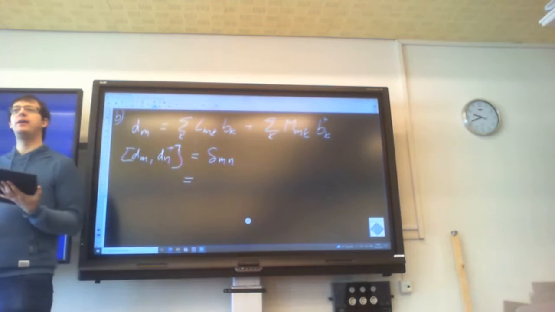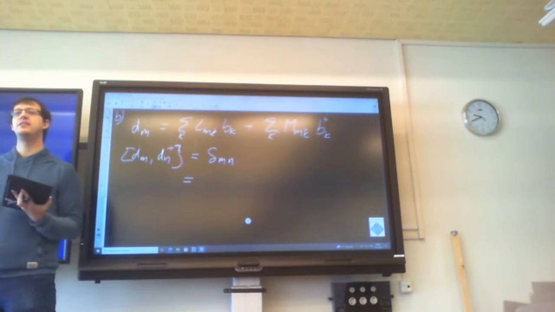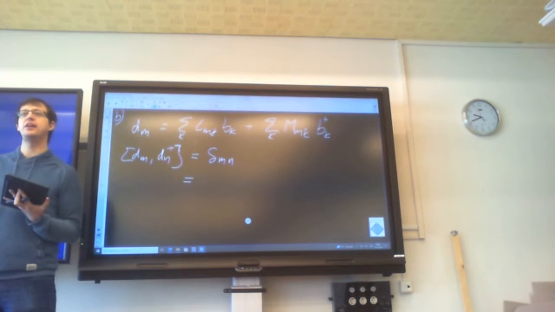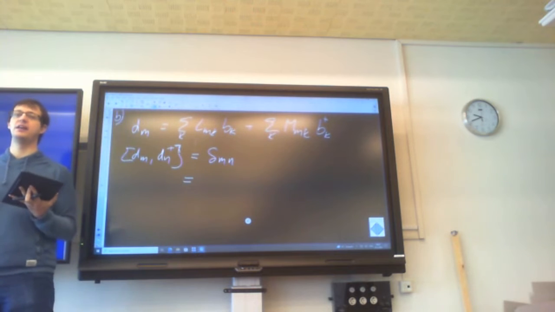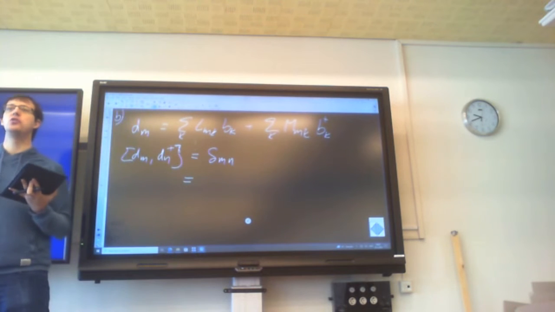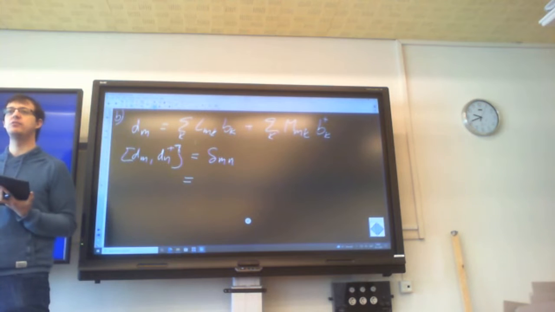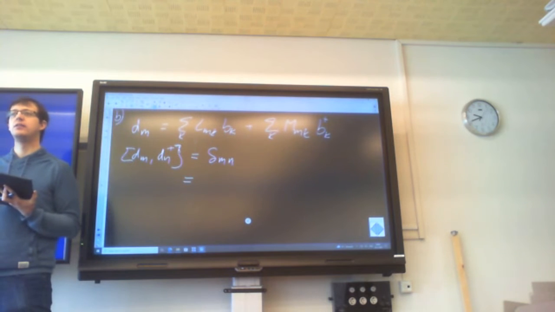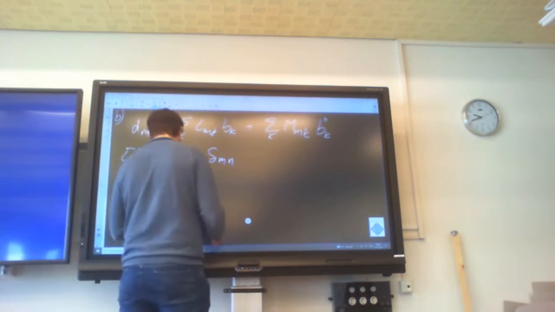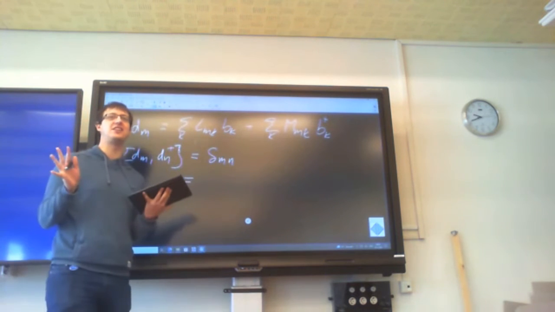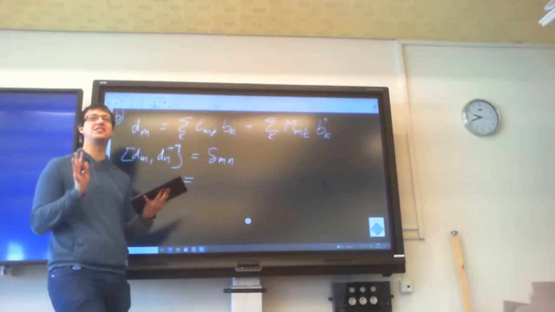A quick question. Does anyone know here the Einstein summation formalism, or otherwise asking the other way around, is someone not familiar with the Einstein summation formalism? Okay, there are a few. So I will use explicit sums, but don't hang me up if I forgot a sum or some index to sum over.